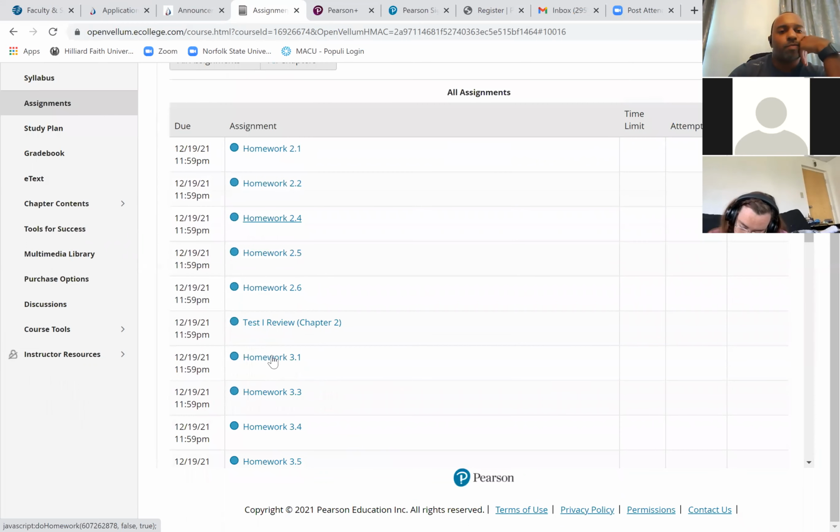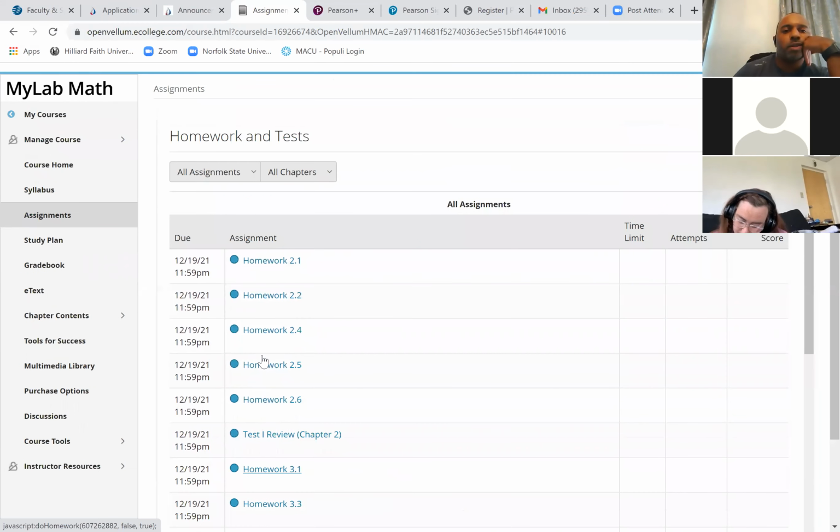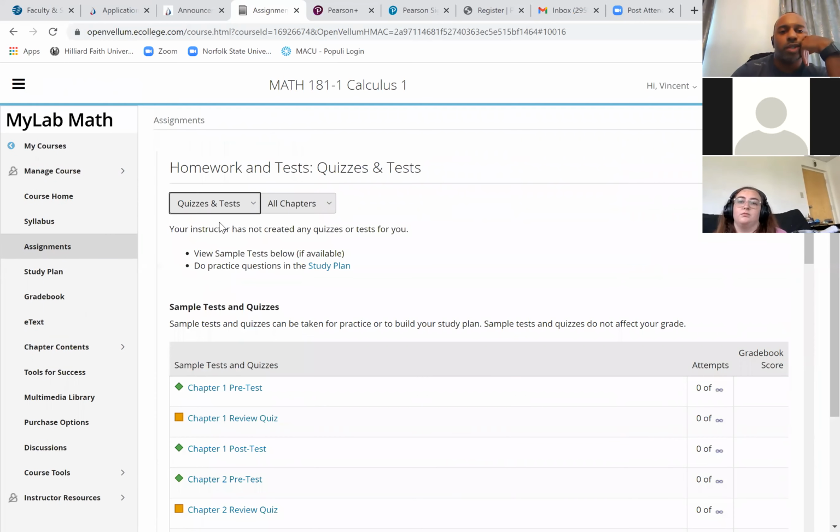And then from here, let's look at our test. What do I have posted? Okay, I haven't posted any tests yet. So more than likely I'll post chapter 2's test for sure, so that you can do it on your own, unproctored.